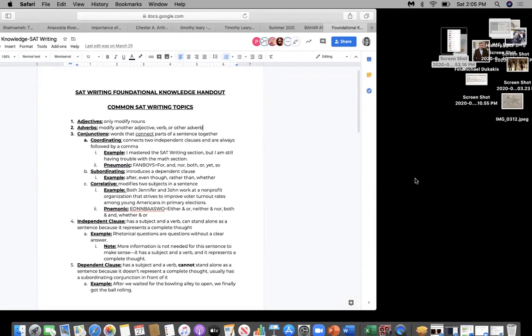Adverbs. You can think of adverbs as modifying another adjective, verb, or adverb. Basically, adverbs are never going to modify nouns.